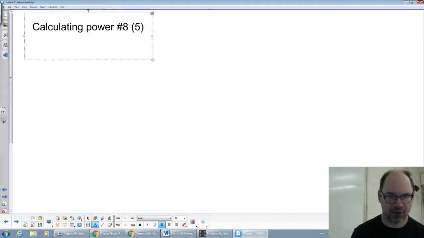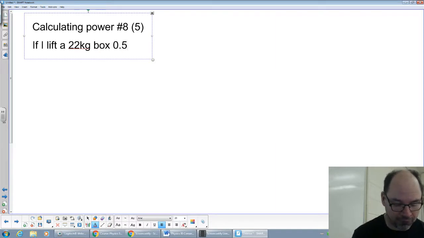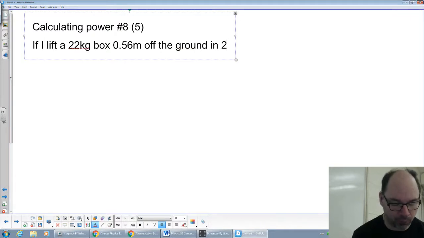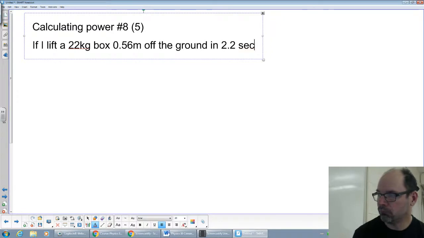An example of that is if I lift a 22 kilogram box 0.56 meters off the ground in 2.2 seconds, calculate my power.